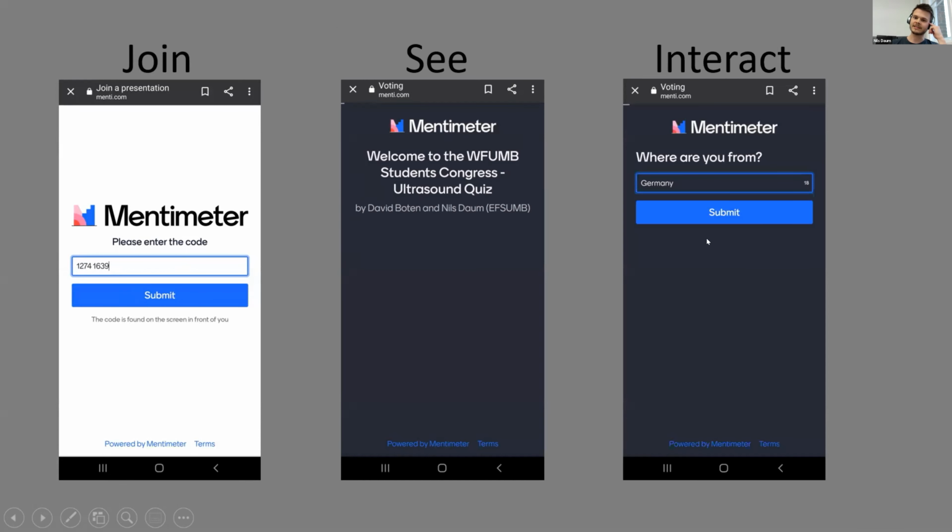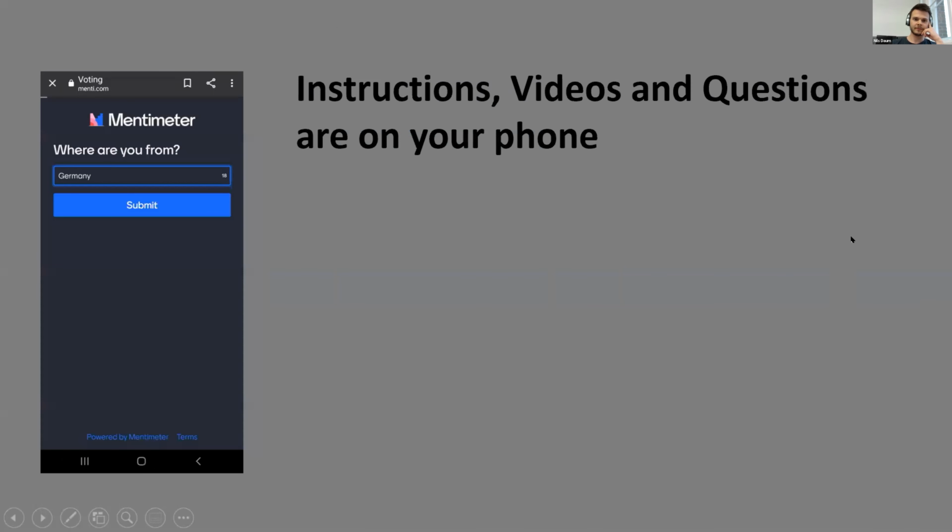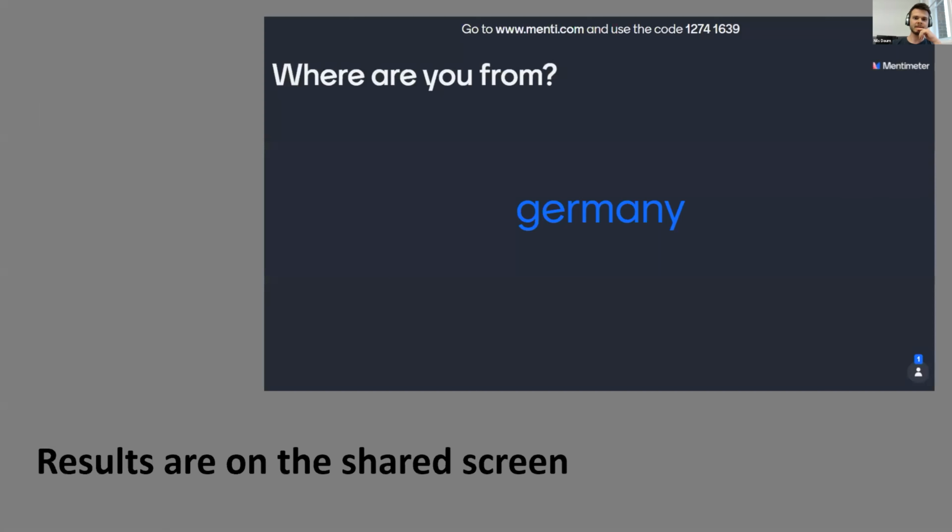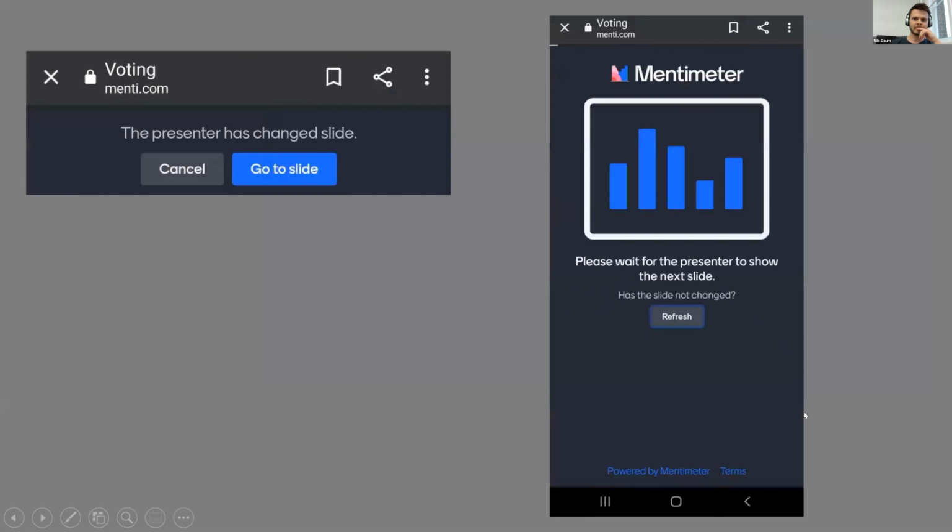And you can also interact with us here on the Mentimeter screen. The instructions, videos, and questions are on your phone and also on the shared screen, and the results are also on the shared screen. So when you type here Germany, you can also see it on the screen. When you have some difficulties, there's also a slide where you can go back to the last slide, or you can also refresh the site.